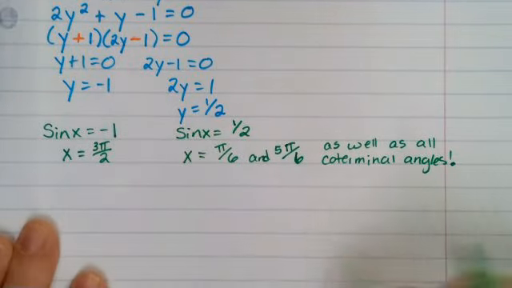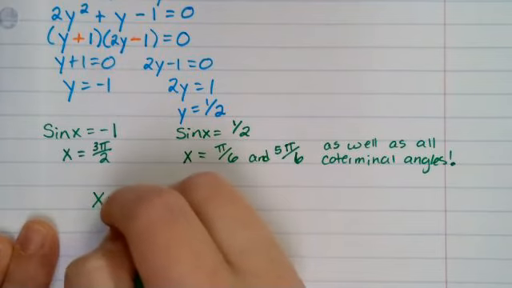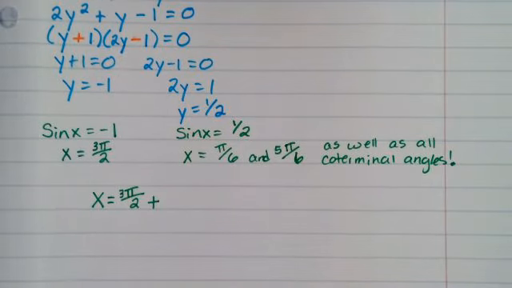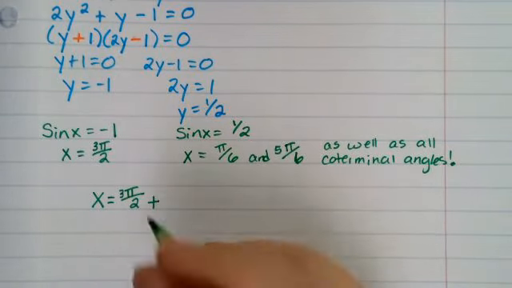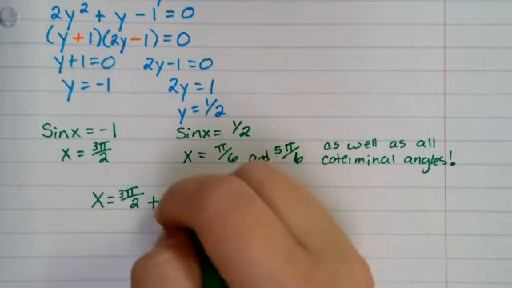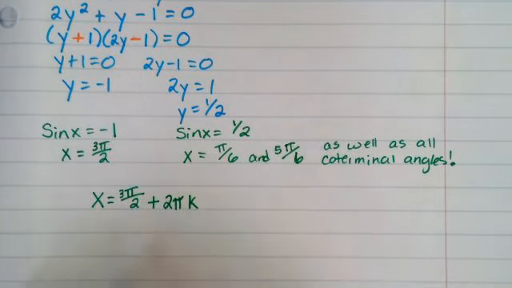The way we're going to answer this is we're going to say x equals, for this first one, 3 pi over 2 plus, and remember how we said this is every single coterminal angle, which means every interval of 2 pi, you're going to get this result. So plus 2 pi k. k is just an integer to represent how many times you're going around the circle.